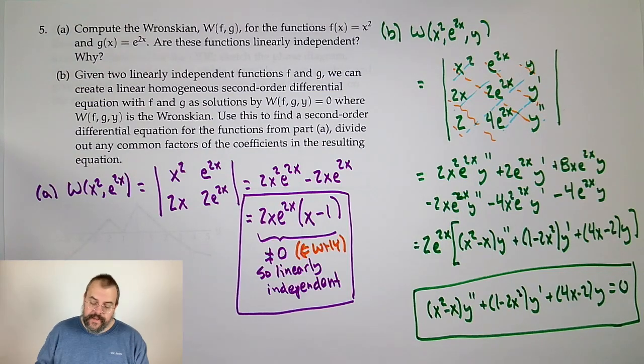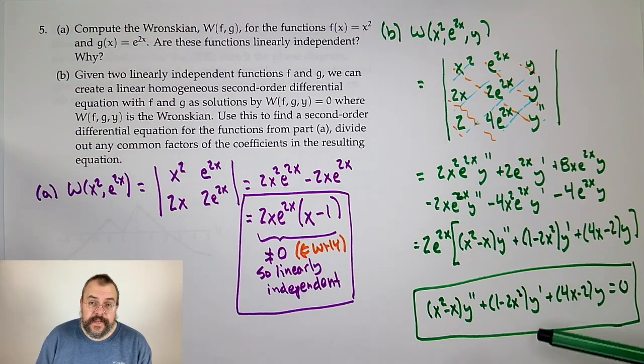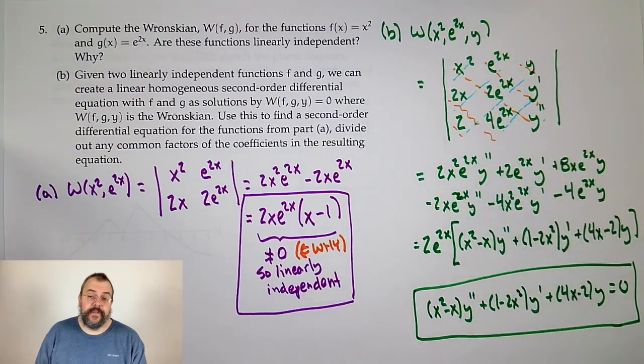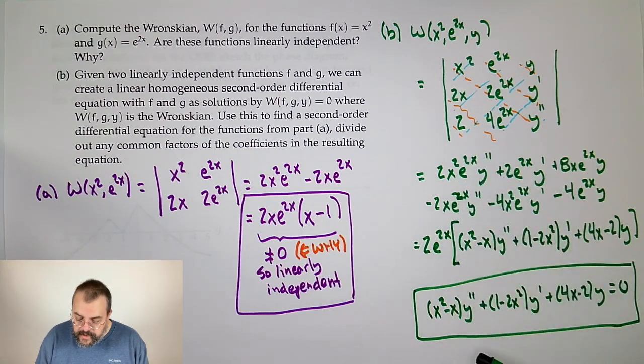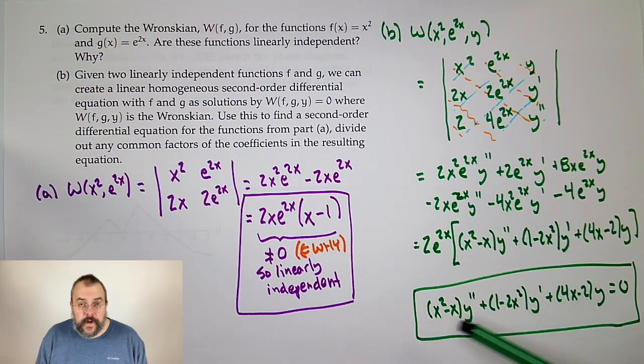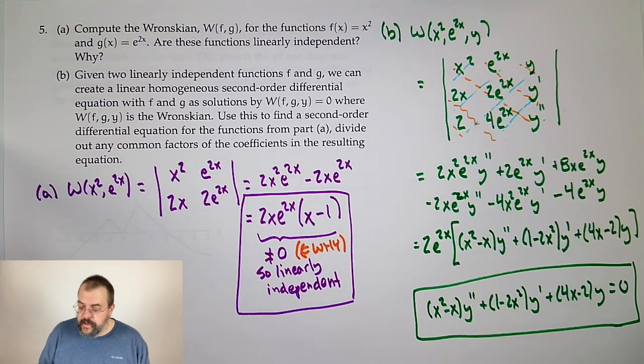The claim is that this differential equation has x squared and e to the 2x as solutions. So if you were nervous, you could just plug in x squared and see if it works. What happens if I plug in e to the 2x? Does it work? The answer will be yes, as long as you haven't made a mistake. So it's a way to check your work.